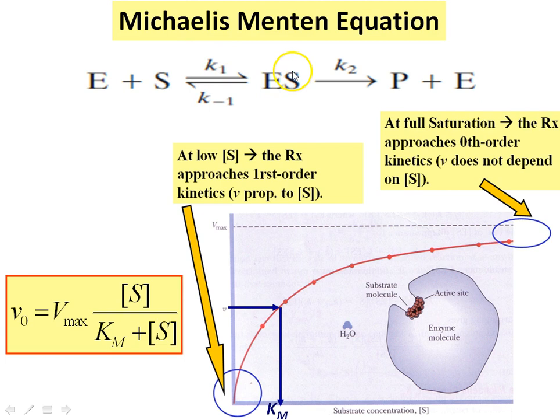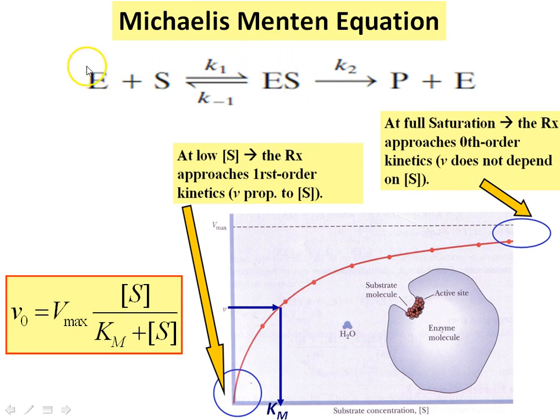The enzyme-substrate complex can dissociate back to the free enzyme and the substrate with a reverse rate constant K-1, or it can proceed forward and produce the products and the free enzyme again with the so-called catalytic rate constant K2, and we ignore the very small reverse K-2 here.